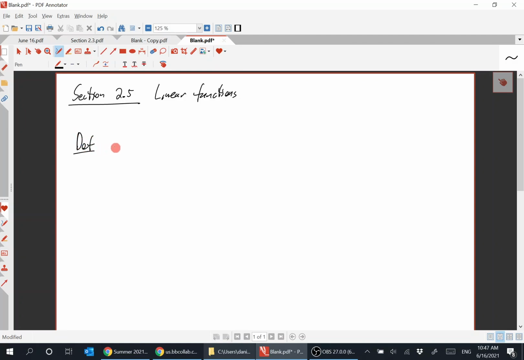So, definition: a function f of x is linear when it is of the form f of x equals a times x plus b, or we'll put an m there: f of x equals m times x plus b.